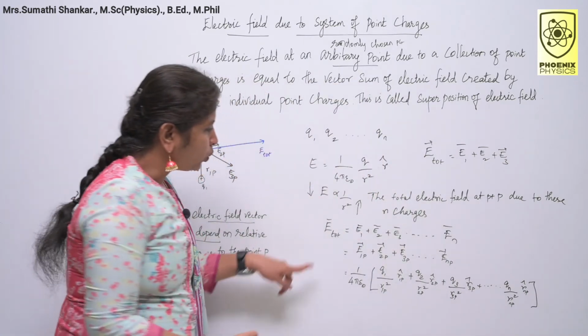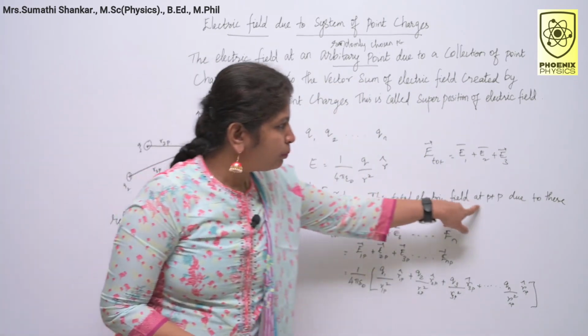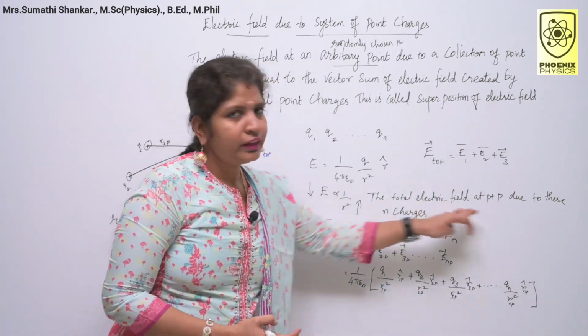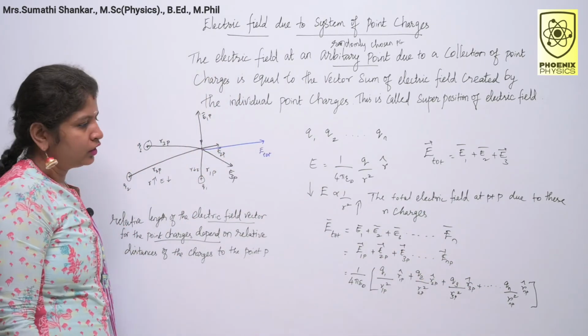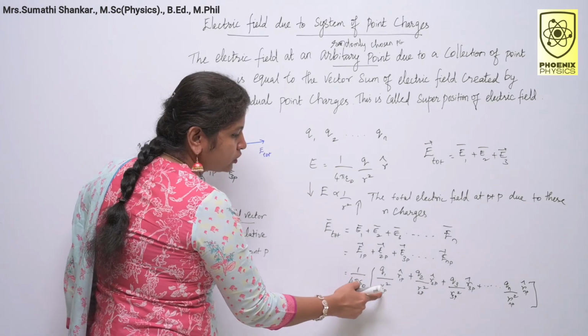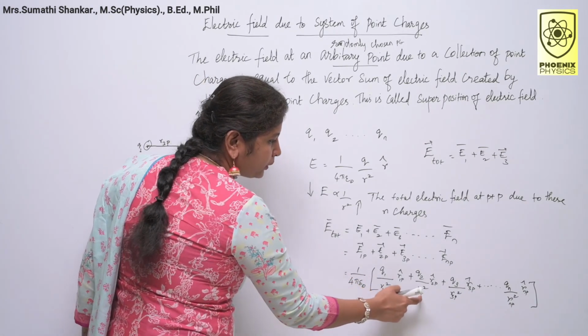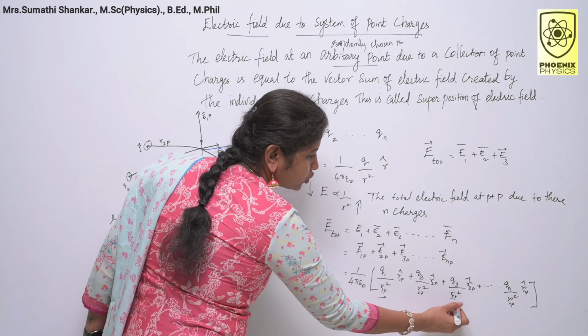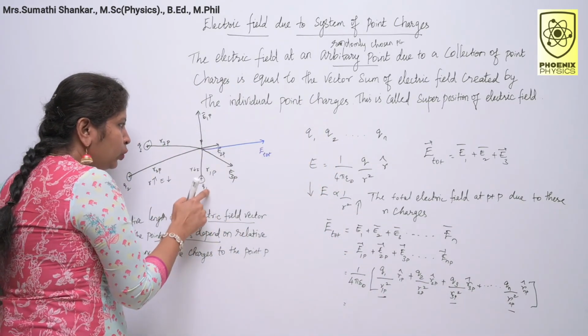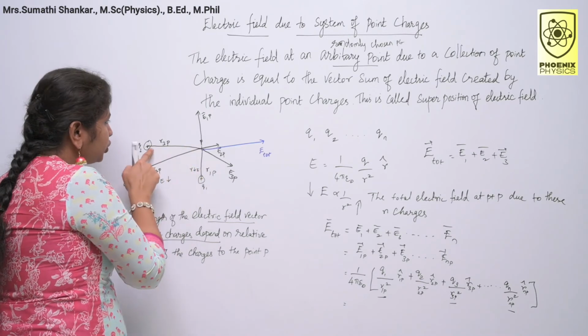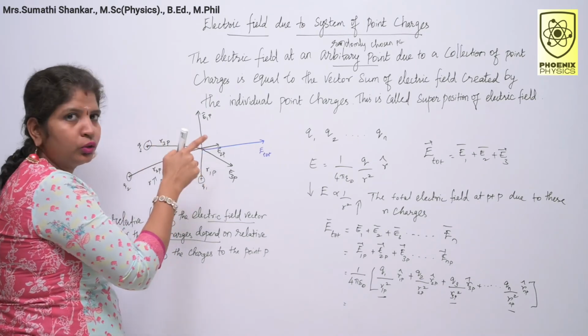This is the total electric field at point P due to n charges. Now, what is this R1P, R2P, R3P? These are all the distances between Q1 to P, Q2 to P, Q3 to P up to Qn to P.